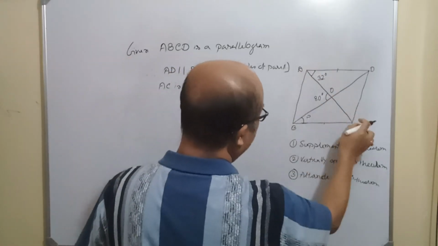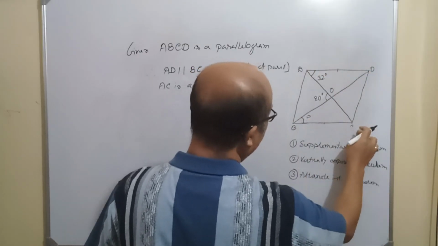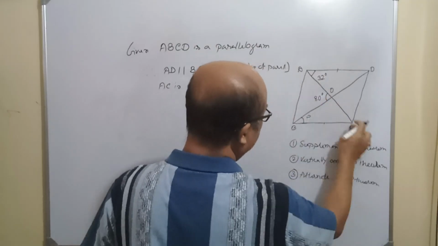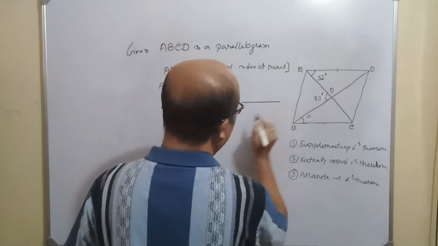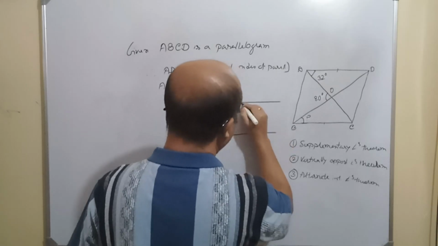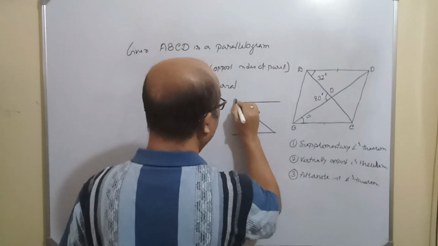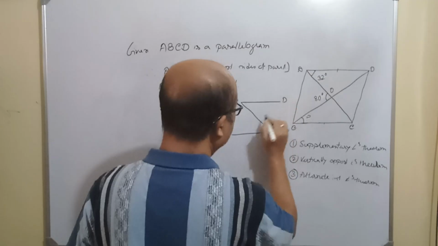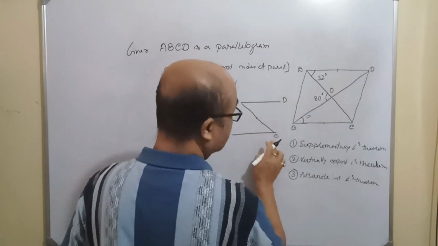AC, this line, is a transversal here. AD and BC are parallel and AC is a transversal. This is AD, this is BC, and this is a transversal. A, B, C, D. AC is the transversal.